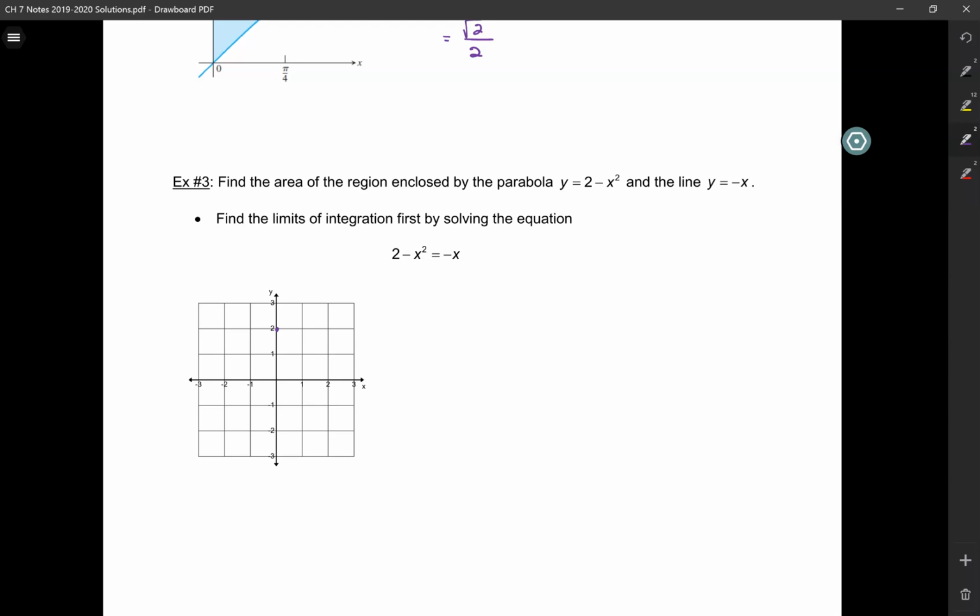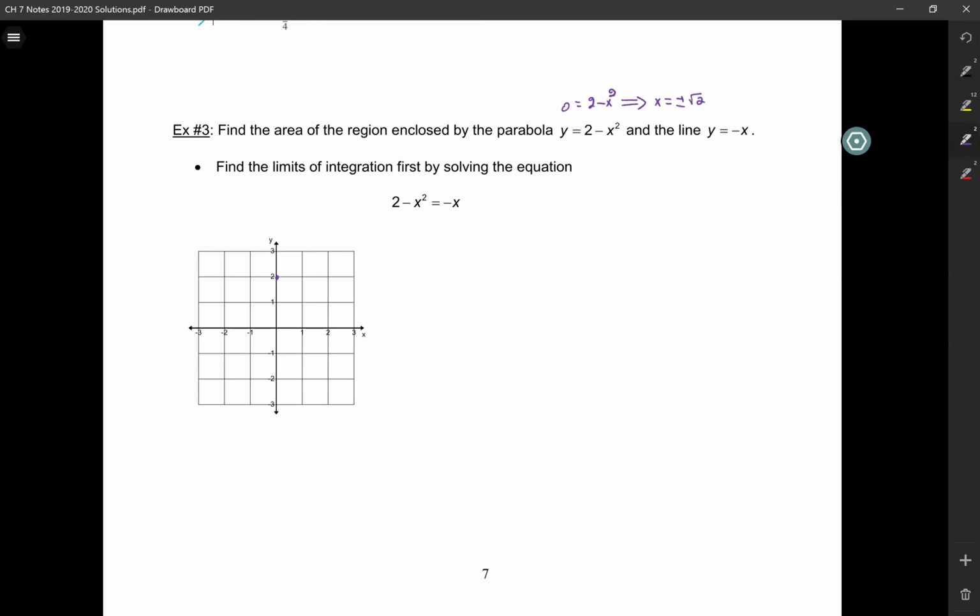When y is equal to 0, x is plus or minus root 2. How much is root 2 these days? It's somewhere between 1 and 2. So this should cross the x-axis here, and here.